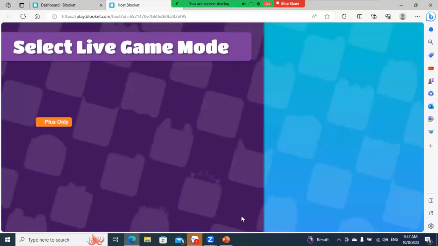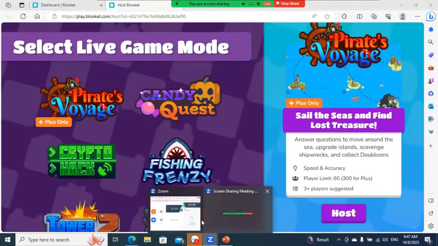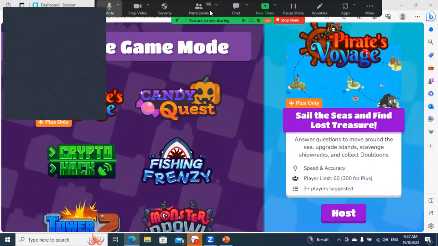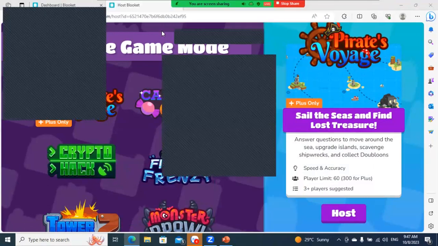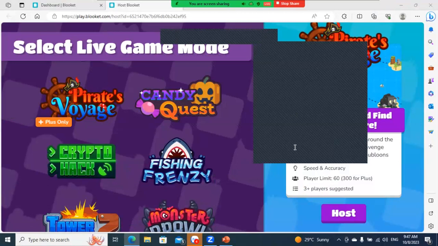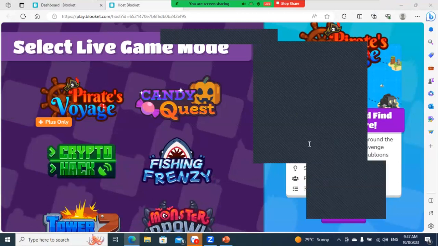In this booklet game, I'll be asking you all what the properties of certain materials are. Before we begin, let me see which game you want to play. Let me know in the chat what game you want to play: Pirate, Crypto, Candy?